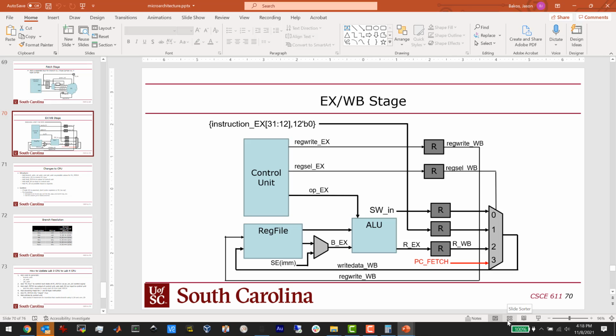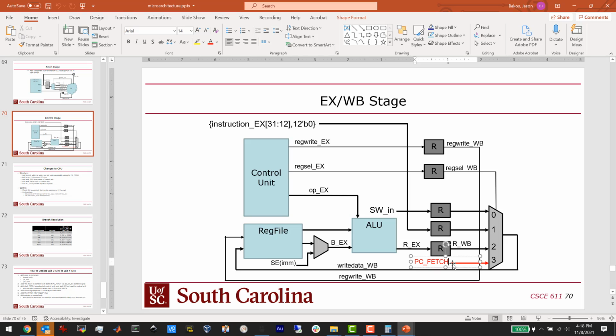But I just realized something just right now, actually. PC fetch, should it be PC fetch? PC write back. Well, PC fetch plus 1. It should be PC write back. That's a good point. So here's the problem with that. Remember that PC fetch is the instruction being fetched, PCEX is the instruction being executed, and PC write back would be the PC of the instruction being written back.